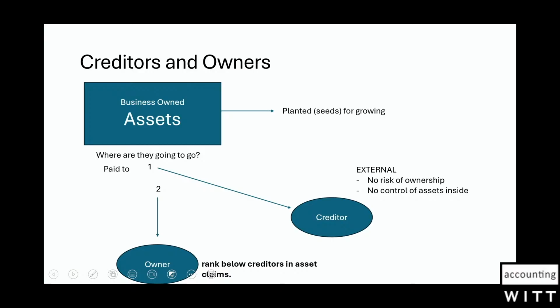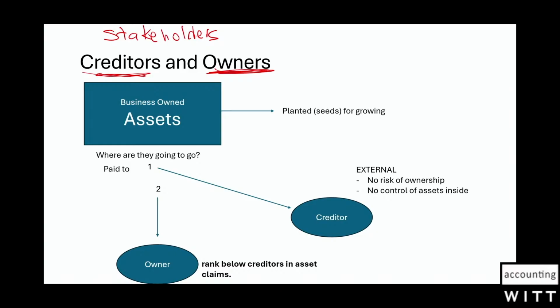All right. The next concept is this idea of different stakeholders. Creditors and owners. When a business has these assets, there are two classifications of stakeholders that have claim to the assets.